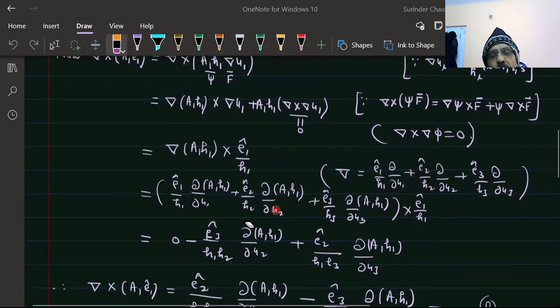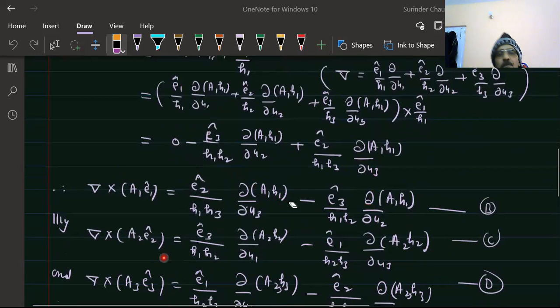Now these are vectors in curvilinear coordinates, so e1 cross e1 is equal to 0, so this component is 0. Now e2 cross e1 is equal to minus e3, giving 1 upon h2 h1 partial derivative with respect to u2 of a1 h1, plus e3 cross e1 is equal to e2 in cyclic order, giving 1 upon h1 h3 partial derivative with respect to u3 of a1 h1.